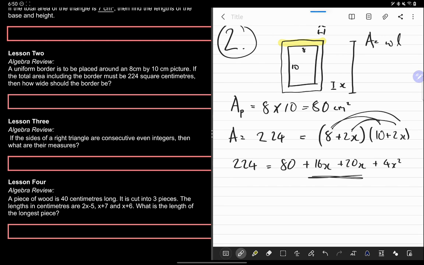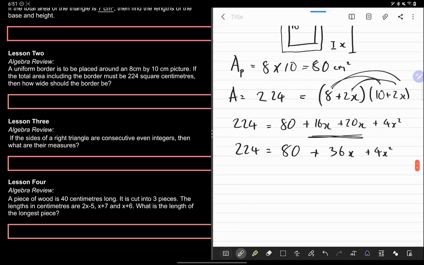We can simplify that bit there by saying, this being a quadratic, I can also simplify by taking that out and putting it over that way. So I can just minus 224 both sides. So that would give me something or rather. I think it's negative 144.